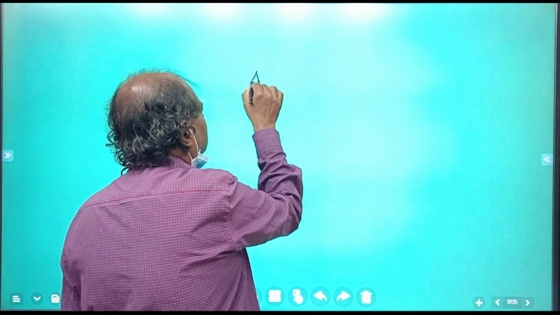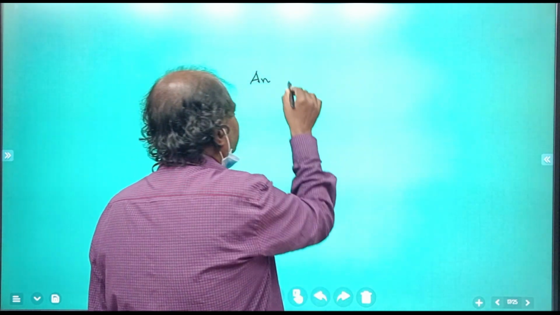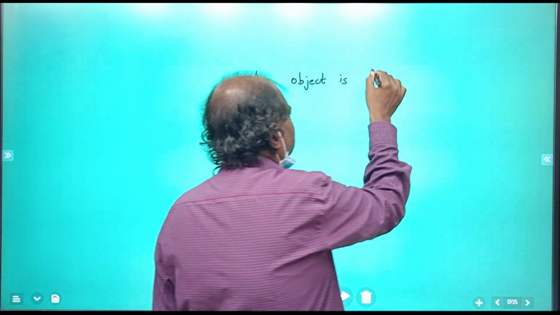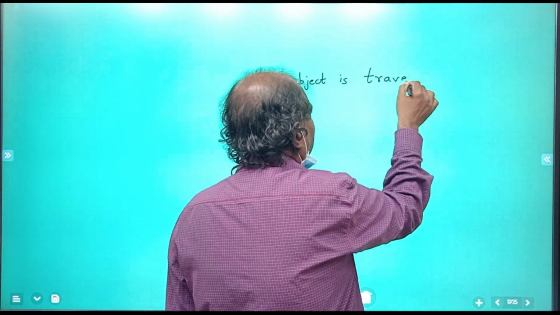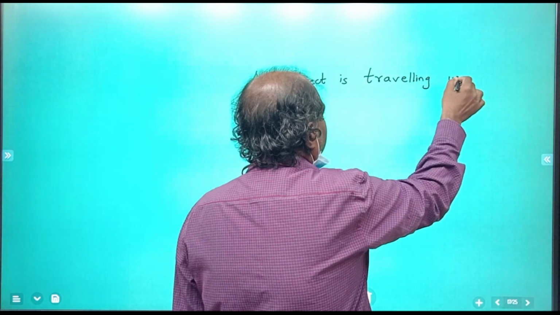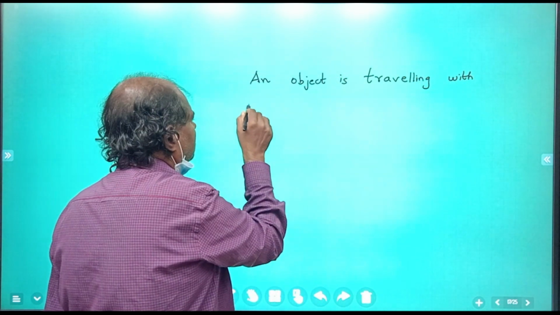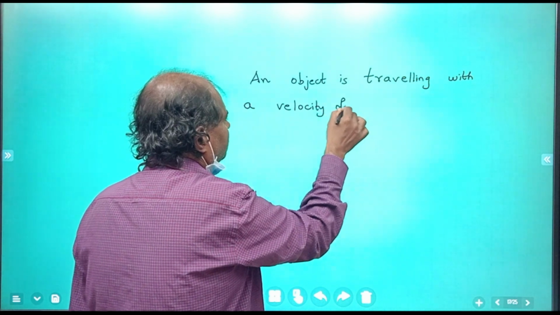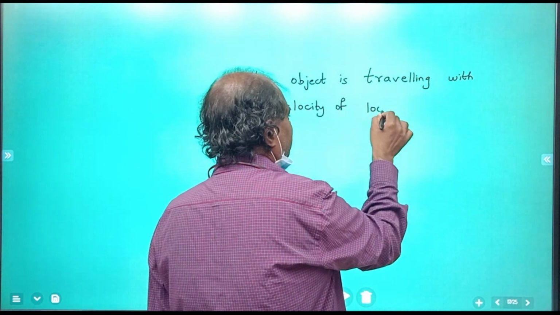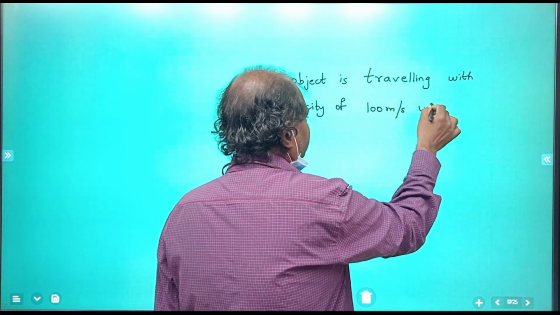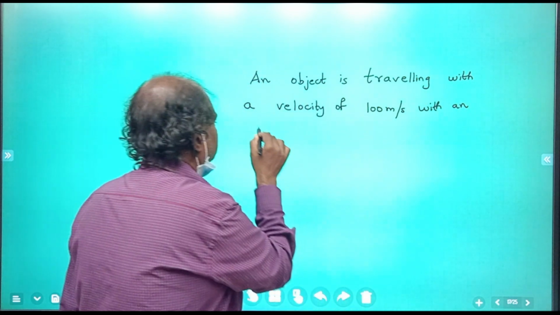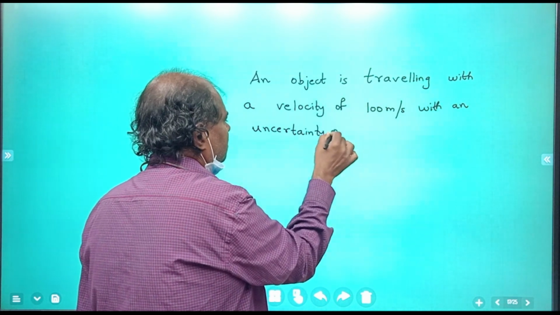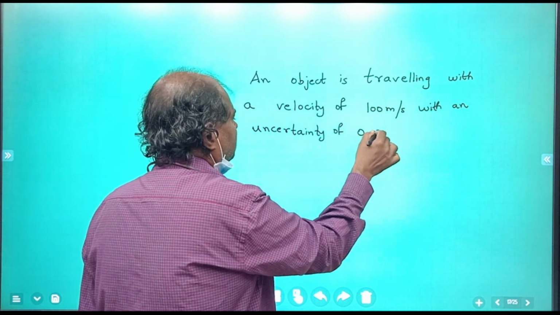Suppose I tell you, an object is traveling with a velocity of 100 meter per second, with an uncertainty of, students read this question very carefully, 0.01%.